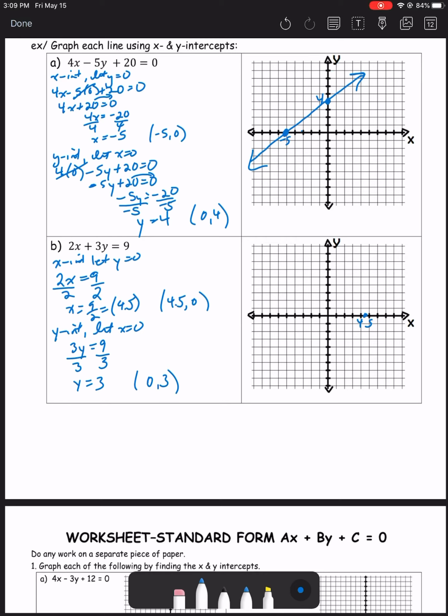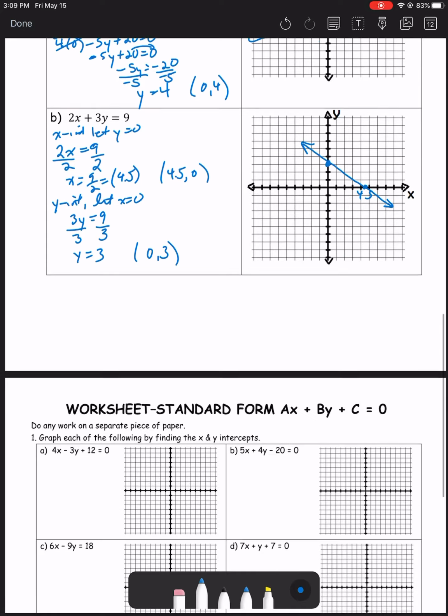So 1, 2, 3 is right there. And so we draw a straight line with a ruler. I don't have a ruler, so sorry about that. You should be using a ruler. Through those points, beyond those points, don't stop at those points, go through them, go beyond them, and then arrows on the end. All right, and that's it.